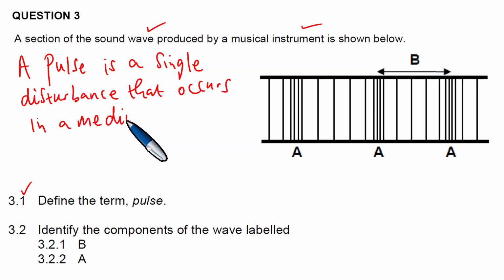A pulse is a single disturbance that occurs in a medium. All right, a pulse is a single disturbance that occurs in a medium. So that is a pulse.